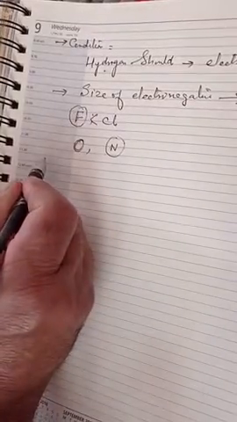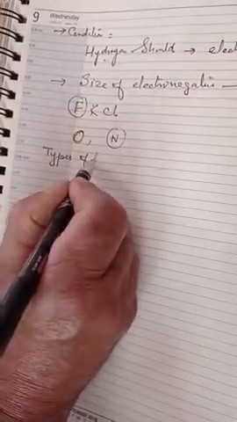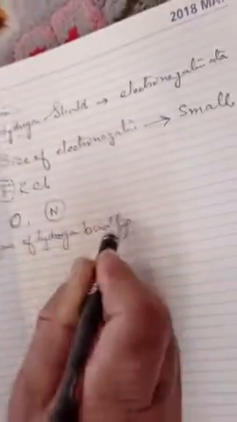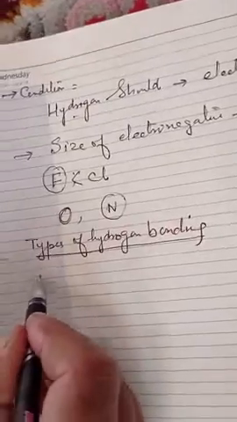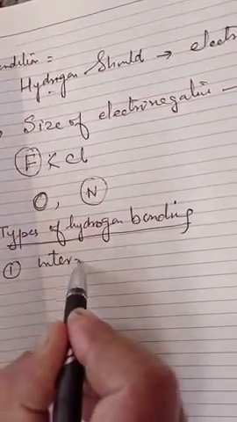Now we will explain what the types of hydrogen bonding are. The first type is intermolecular hydrogen bonding.